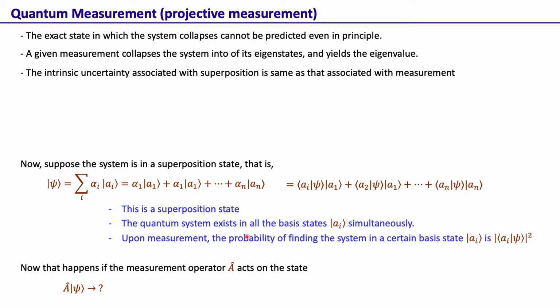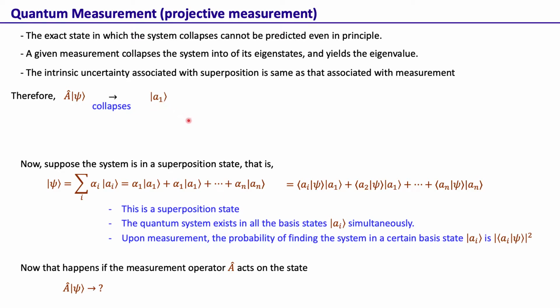And upon measurement, we find that it is just one of the states. So that intrinsic uncertainty that we see with the measurement is the same that we have in the case of superposition.